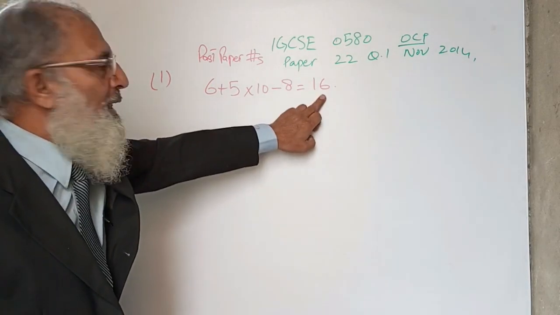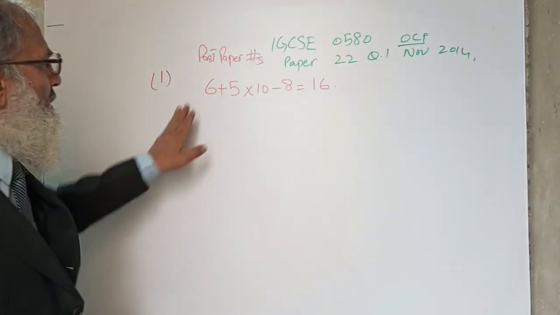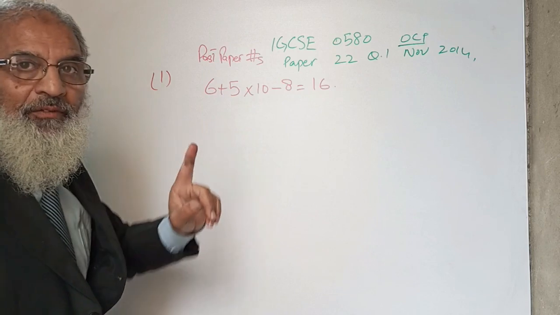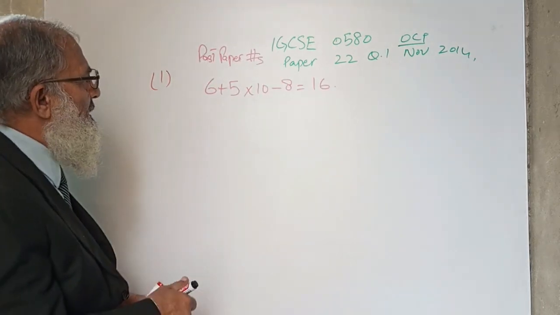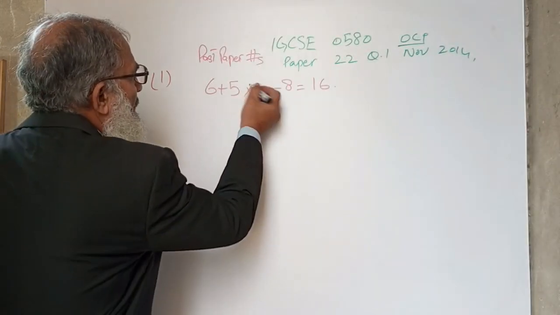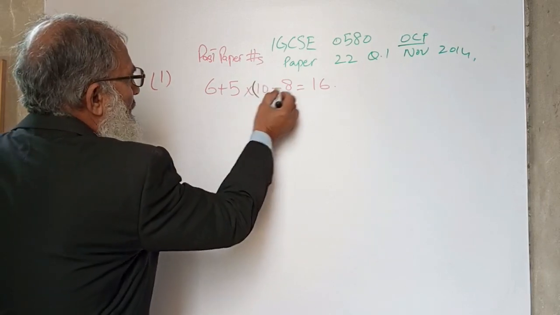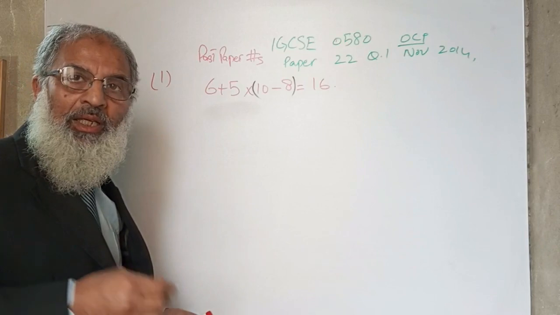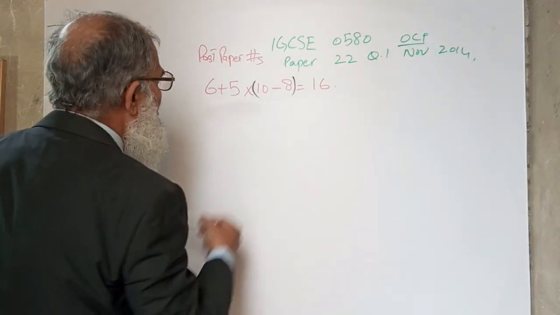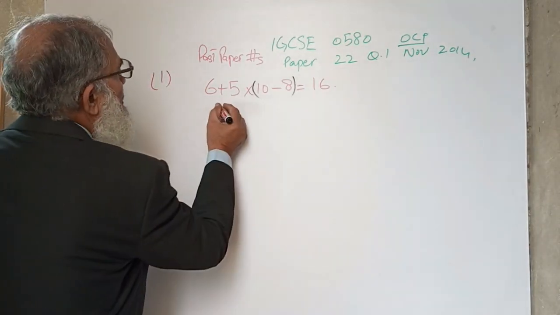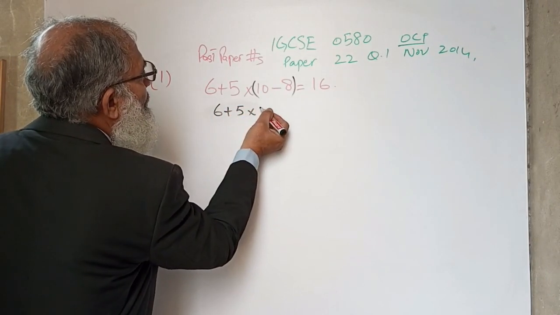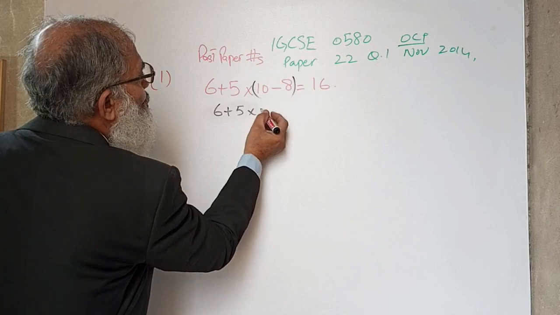So look at our question first. We have to bring this answer, and we have to use only one pair of brackets. Let us try. If I put a bracket over here, let us solve that and see if it is 16 or not. Plus 5 multiplied by 2.